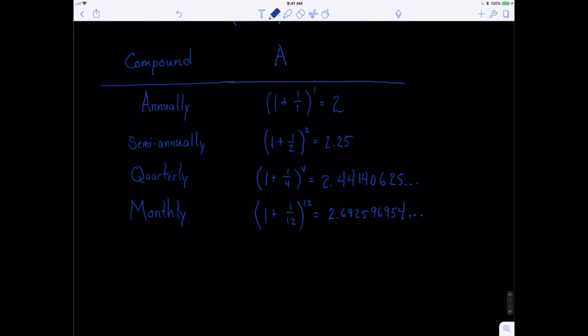And what about weekly? I wonder if we'd make more weekly. Well, there's 52 weeks in a year, so 1 plus 1 divided by 52, raised to the 52nd power. Oh my goodness, this is going to be a money maker, I tell you. Oh, I'm sorry, I wrote this wrong.